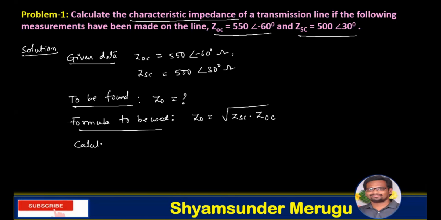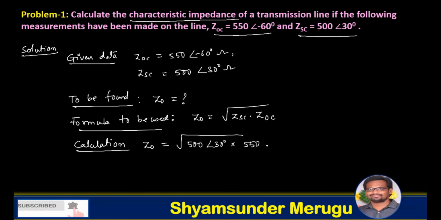Now go for the calculation. Z0 equals the square root of ZSC, that is 500 angle 30 degrees, multiplied with ZOC, that is 550 angle minus 60 degrees. We can write this as the square root of 500 into 550, and the angle becomes minus 60 degrees plus 30 degrees, divided by 2.